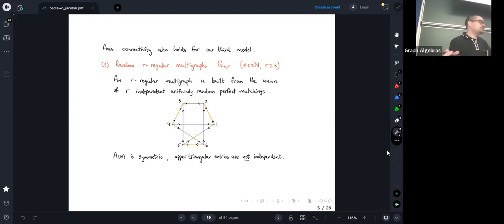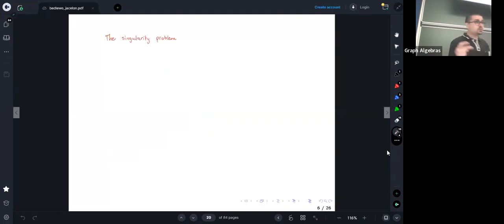What I just described, the uniform model, where you list all the possibilities and choose one with equal probability, is contiguous to the perfect matching model. So with this uniform model, you will also get with high probability connectivity.